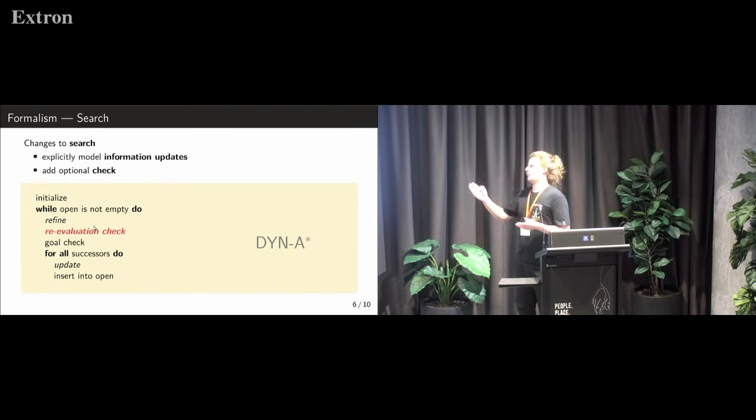This reevaluation check checks whether this is the case. If the heuristic value increased in this time frame, we might decide that this is not actually the best state to expand right now, and we'll pop the next best state and just reinsert the state that we just looked at.